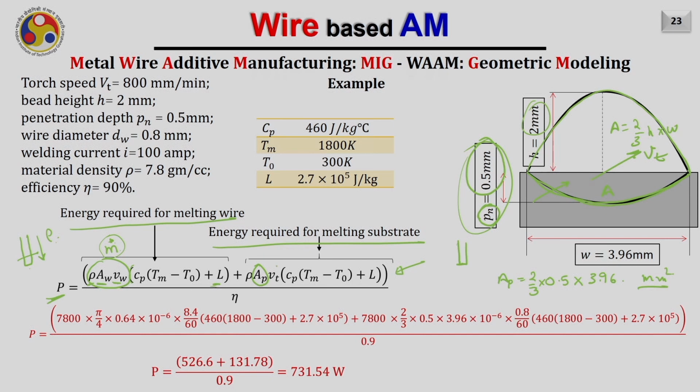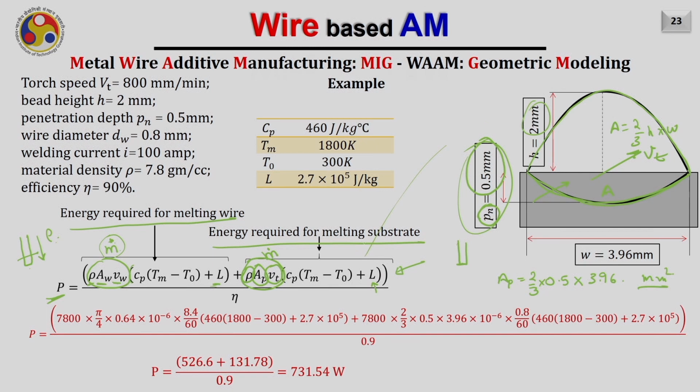This area multiplied by the traverse speed Vt, and by rho, gives the mass per second that will get melted as we travel in this direction. As a result, m dot times Cp delta T plus latent heat will be the energy required to melt the substrate.